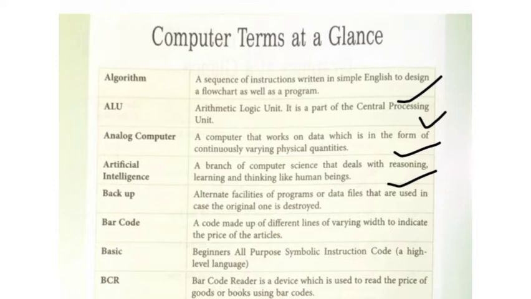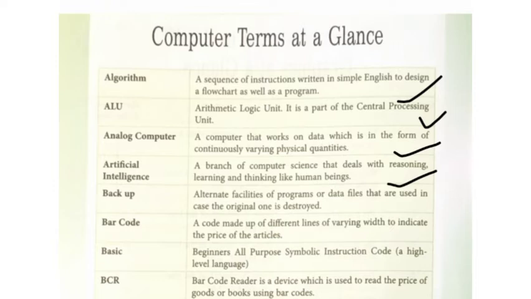Here, this branch will act like a human being. And this kind of computer intelligence is also installed in computer systems, robots, and so many things around us. So this intelligence deals with reasoning, learning, and thinking like us.